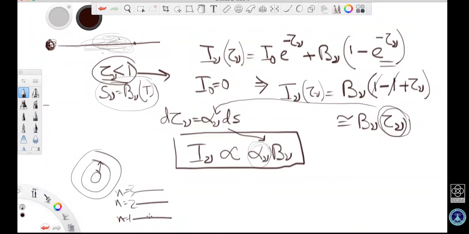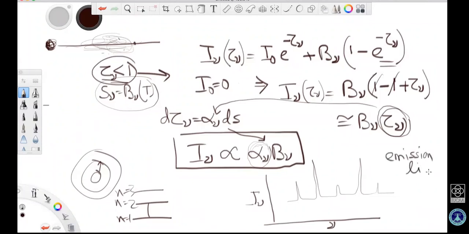For a given frequency, if the frequency happens to be just right for a spectral line, then alpha, the cross-section, will be very large. It will get absorbed out. So alpha nu is large at the spectral line. What you'll see in frequency space is an emission line. So you'll see a lot of emission whenever there is a spectral line. So these are emission line spectra.